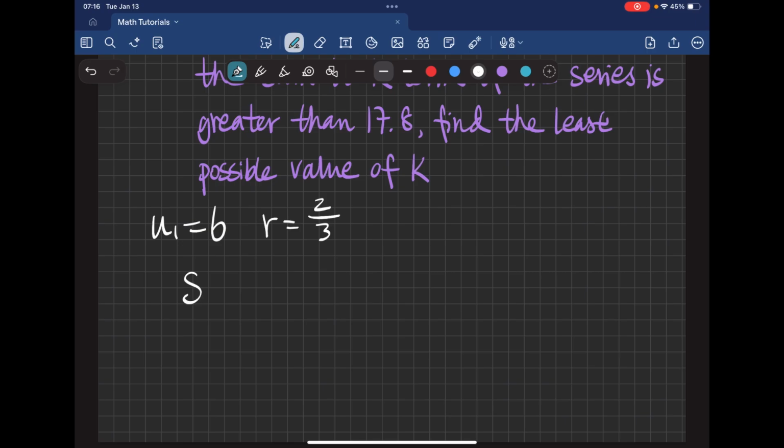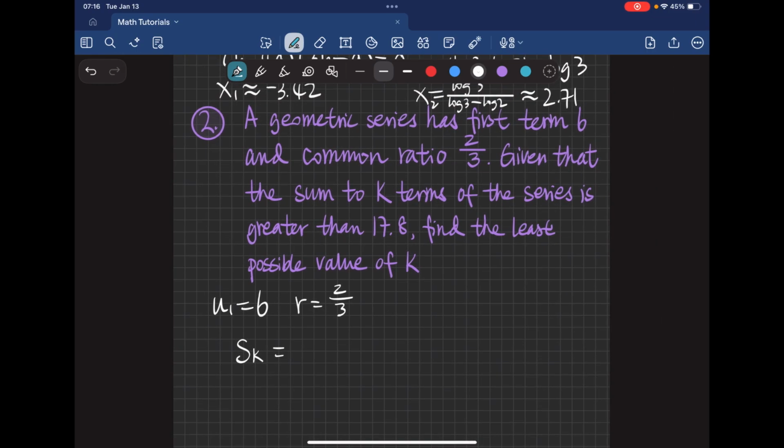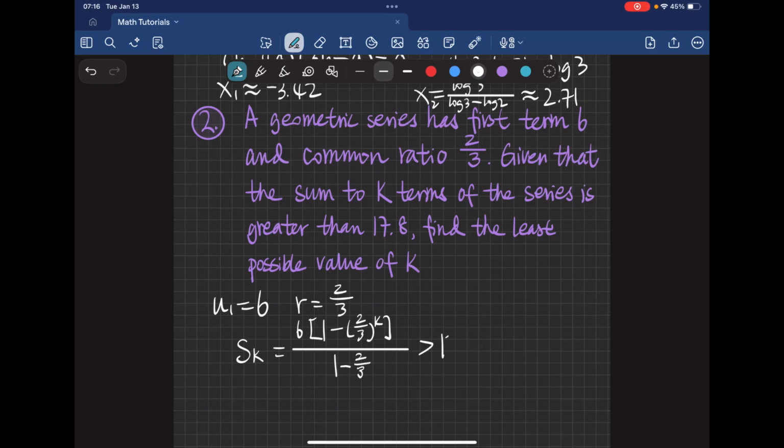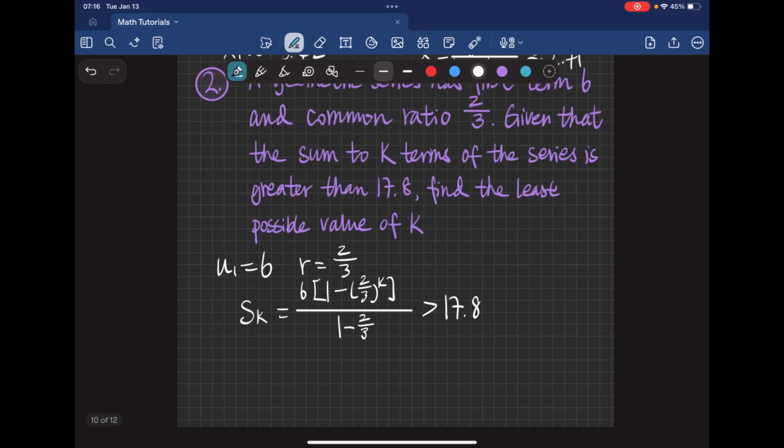So the sum to k terms equals 6 times 1 minus 2 over 3 to the k's power, that entire thing over 1 minus 2 over 3, and that should be bigger than 17.8.